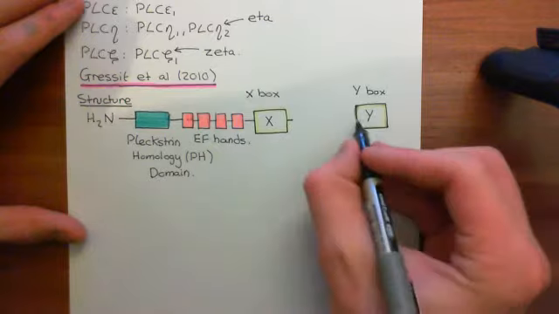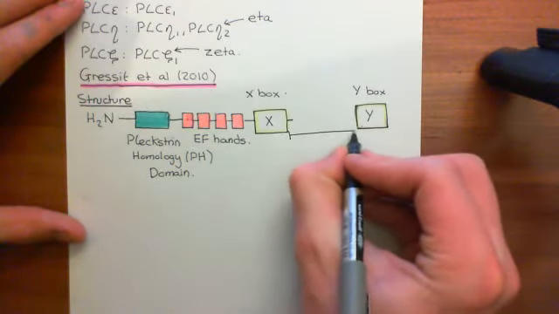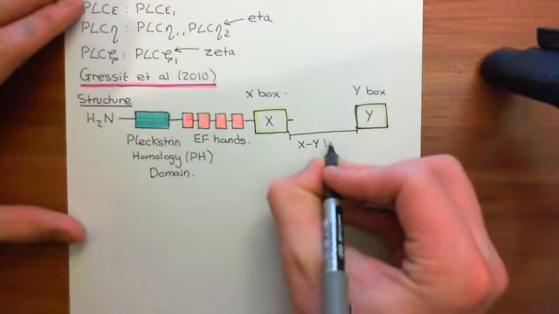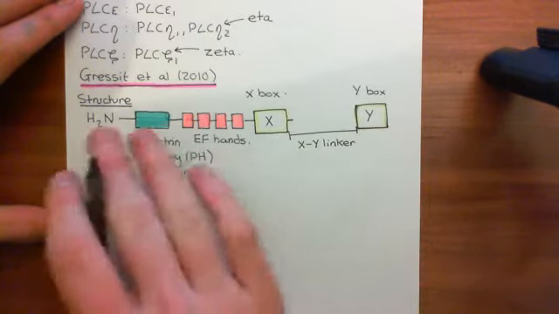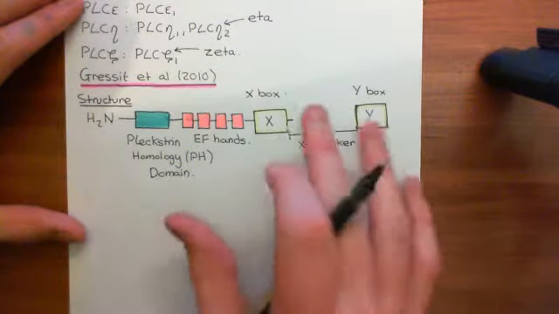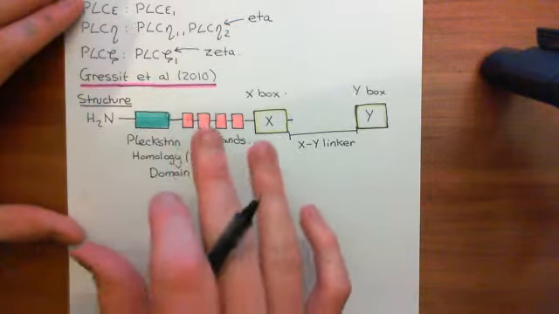The portion in between the X and the Y boxes is known as the XY linker. Now, I should stress that this primary structure that we're looking at, these things that we're seeing, are common to most of the phospholipase C enzymes.